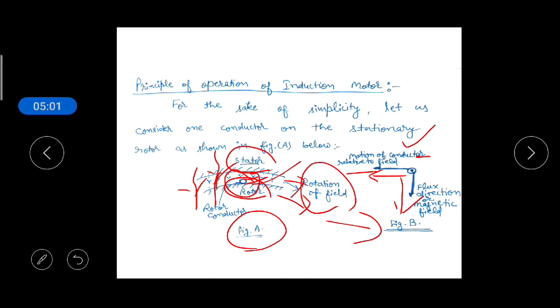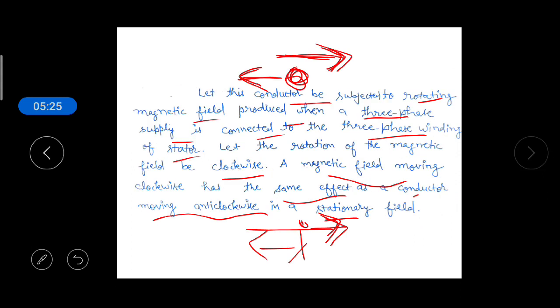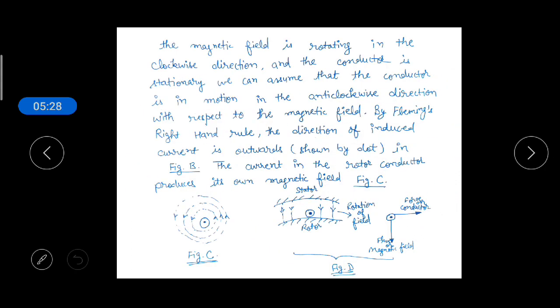So now apply the right hand rule. The motion of the conductor is in the anti-clockwise direction, and the direction of the magnetic field is downwards. If we apply Fleming's right hand rule, we will get that this conductor now has a dot polarity, or the current is coming out from the conductor.